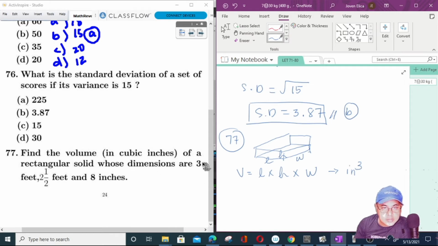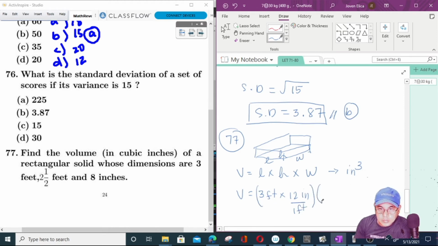But if you notice, the given is in terms of feet, so we just need to convert to inches. So the length is 3 feet. We just need to multiply this by 12 inches over 1 foot. Multiplied by the height.